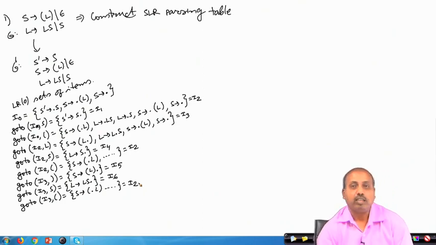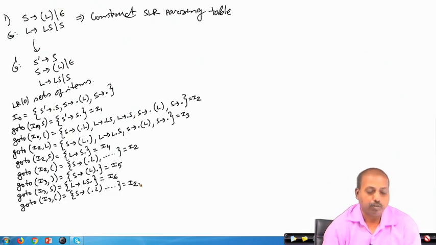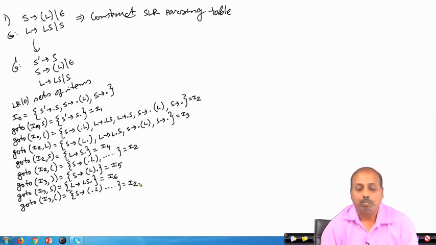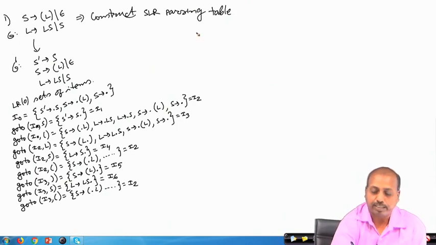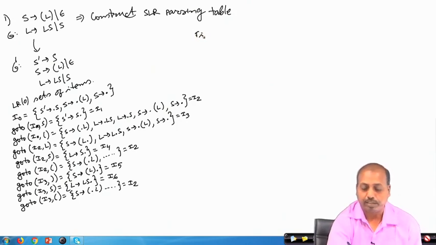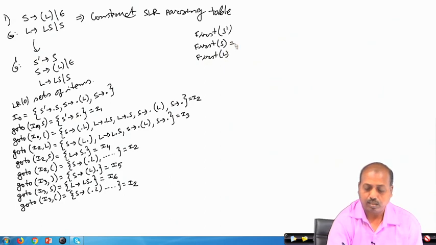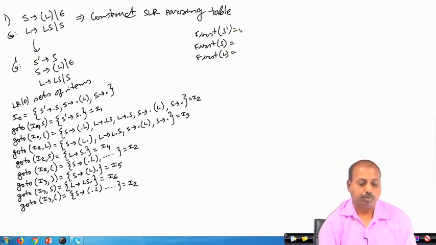The next part of this parsing table construction is to get the follow sets for the grammar symbols. But for getting follow sets, we also have to get the first sets. So, again we do the first and follow computations. First of S dash, first of S and first of L. So, this is to be computed.